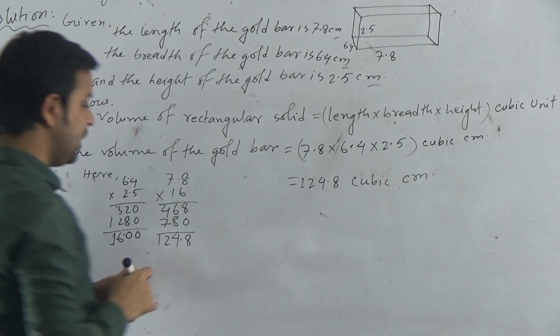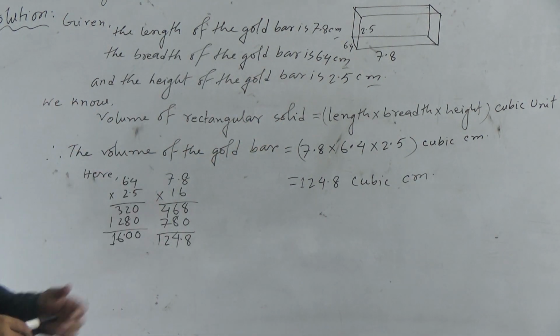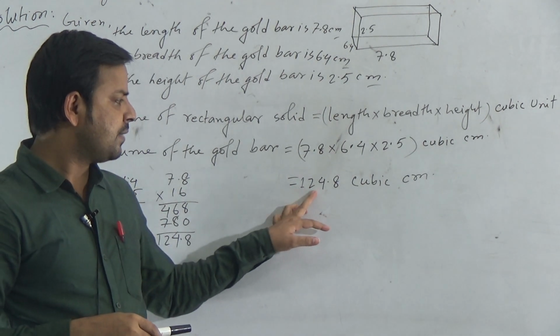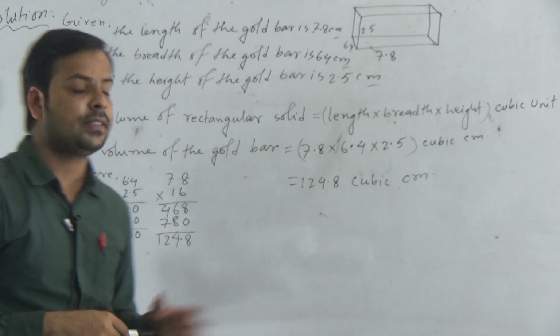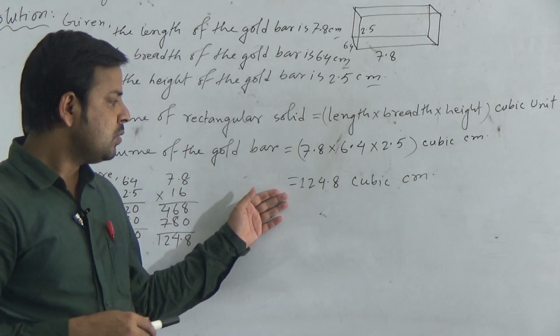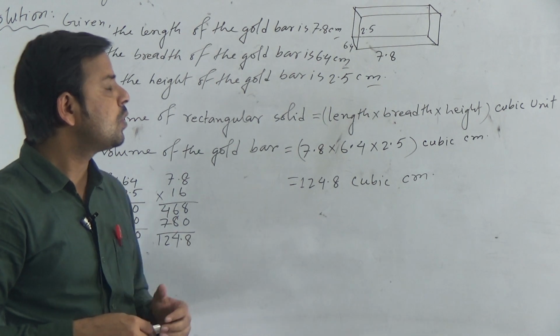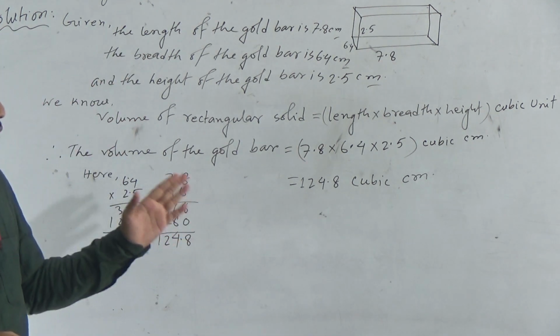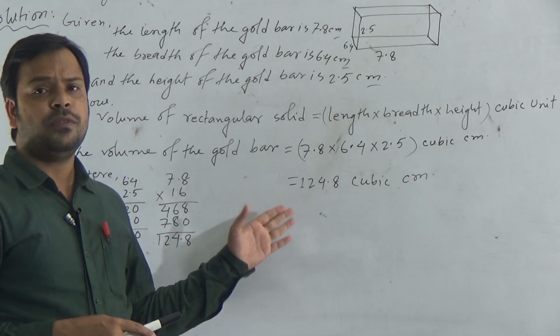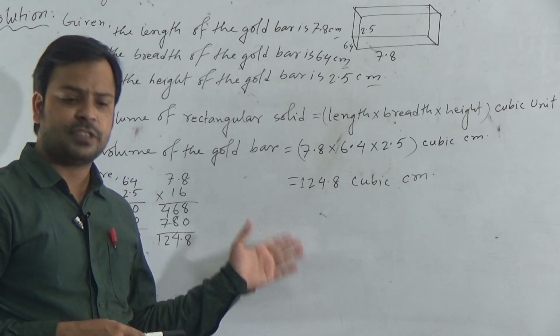So the volume of the gold bar is 124.8 cubic centimeter. This is the volume of solid. So now we have to consider this is the volume of the water. It means that the weight of the same amount of water, at first we have to find out.